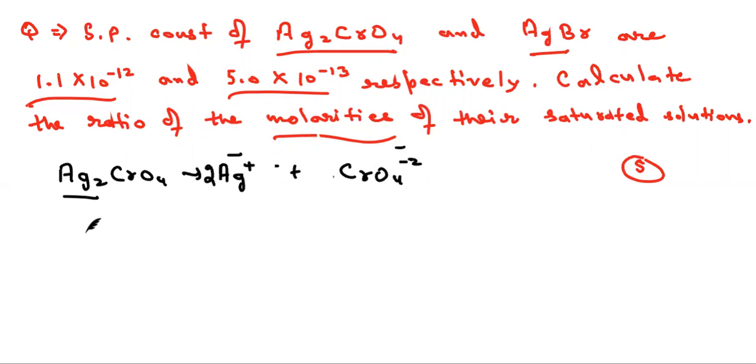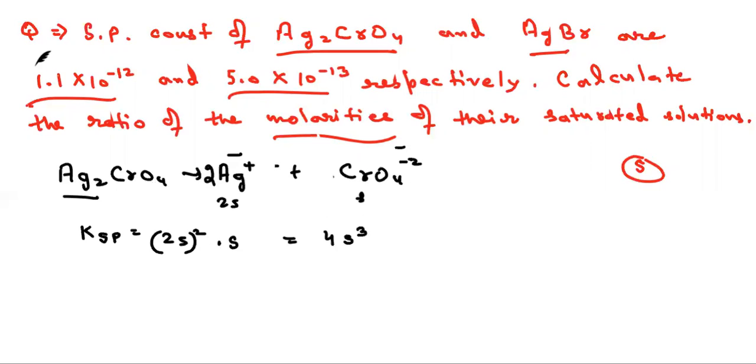Okay, so now what is the Ksp for that? It would be 2s, and that would be s. So can I say (2s) whole squared into only s, because there is no coefficient? So that would become 2 to the 4, and s squared and s, so that becomes 4s cubed.